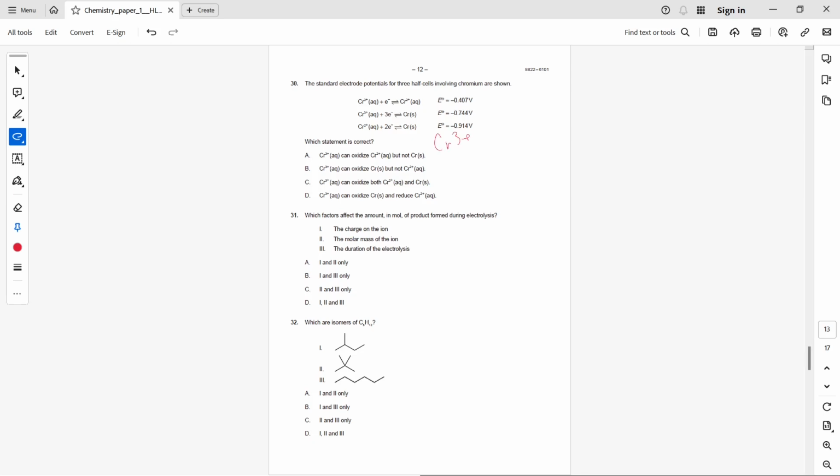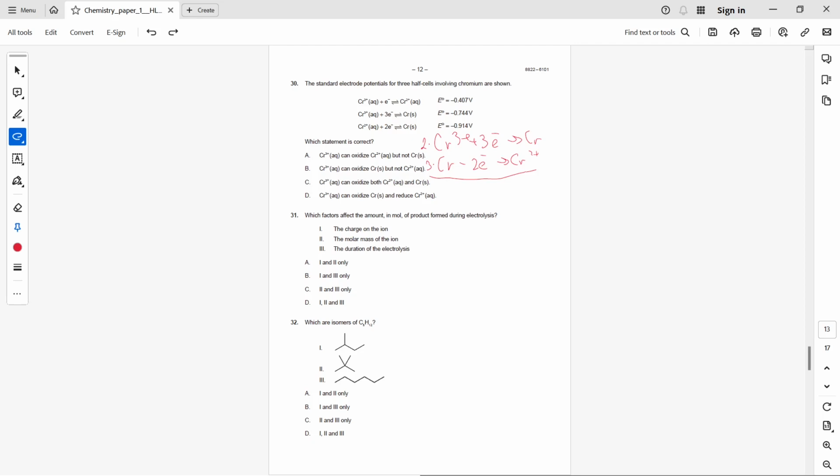So for the next question we need to check if chromium 3 plus can oxidize chromium. So let's write the first reaction. And chromium 3 plus can oxidize chromium only to chromium 2 plus. So we also need this reaction right here. And we will multiply this by 2 and this by 3, and we are going to add those reactions.